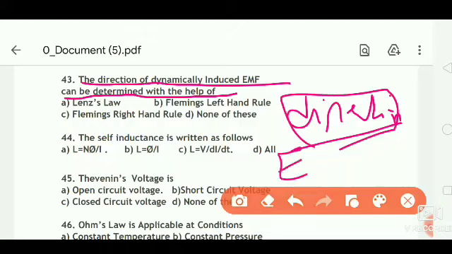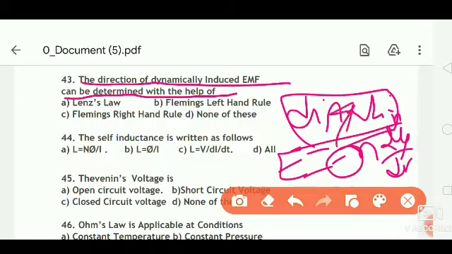The induced EMF is given by N dφ/dt or N di/dt, and here the minus sign gives the direction of the induced EMF. So the direction of the induced EMF is always given by Lenz's law. Option A is the right answer, since we get the negative sign using Lenz's law.